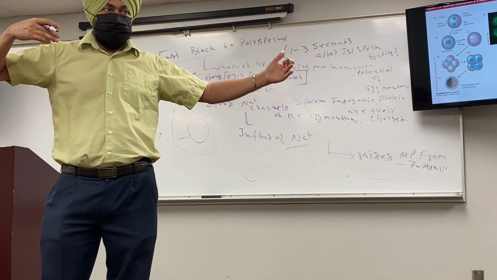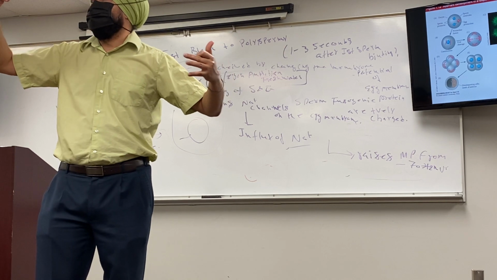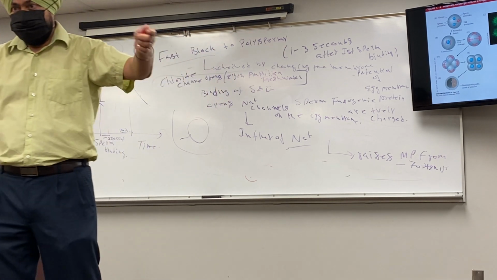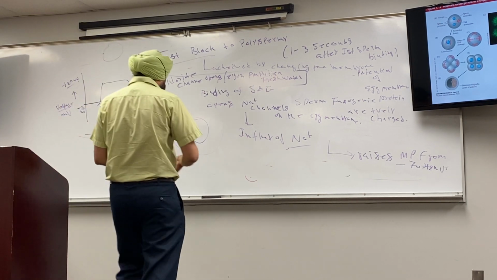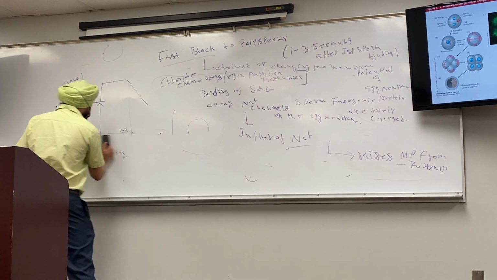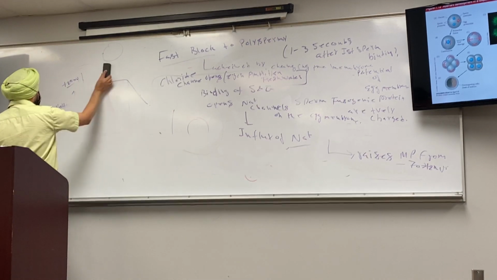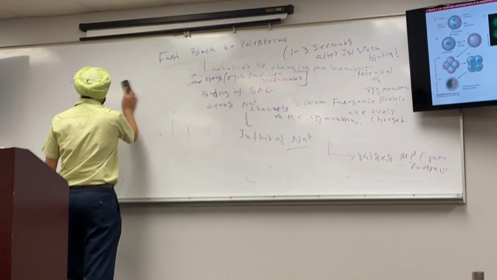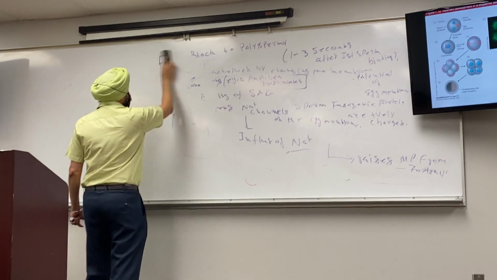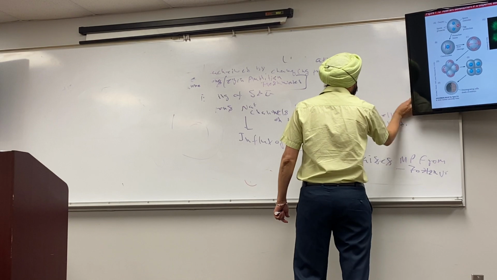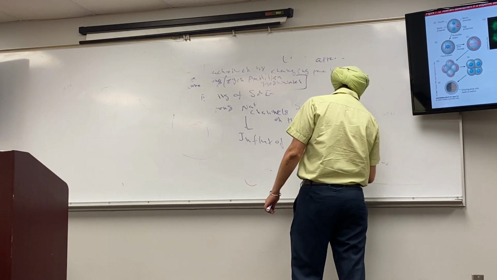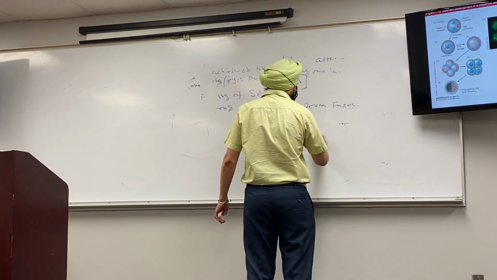Then there's another mechanism which is called slow block to polyspermy, right? So talk about this fast block, then we'll talk about the slow. Talk to each other about that. It happens in 1 to 2 seconds after sperm binding.